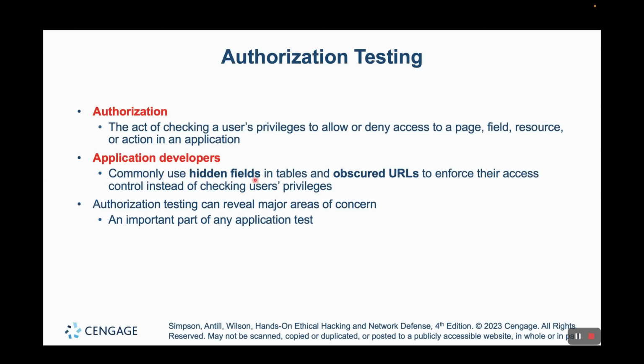It could be HTML forms that contain input fields, okay, that users interact with. I mean, some of these forms can also have hidden input fields that are not displayed in the user's browser and are sent back to the server when the form is submitted.